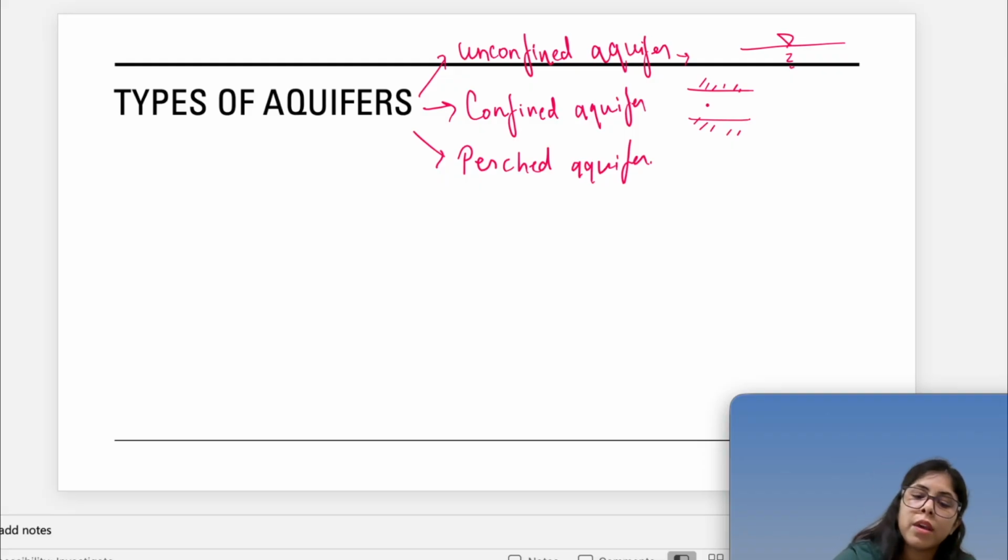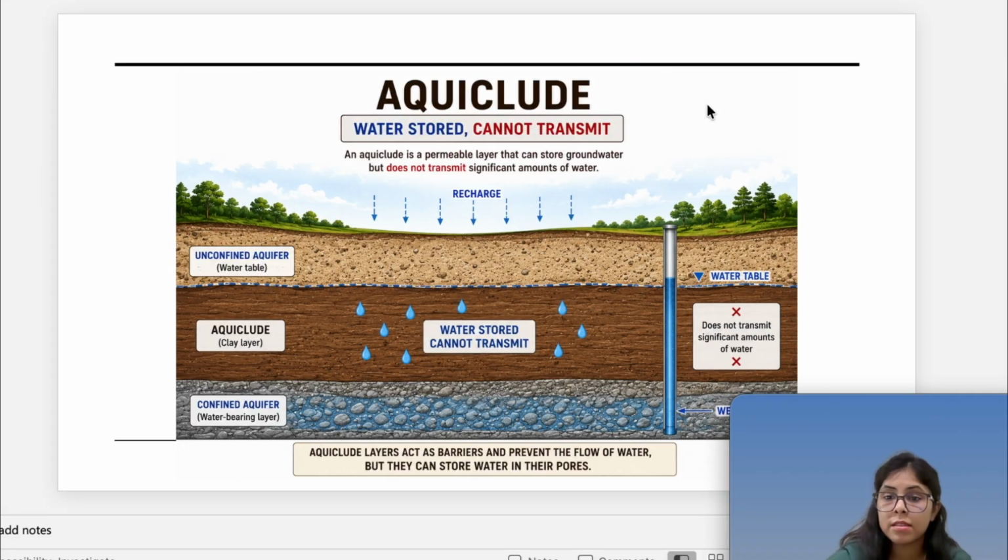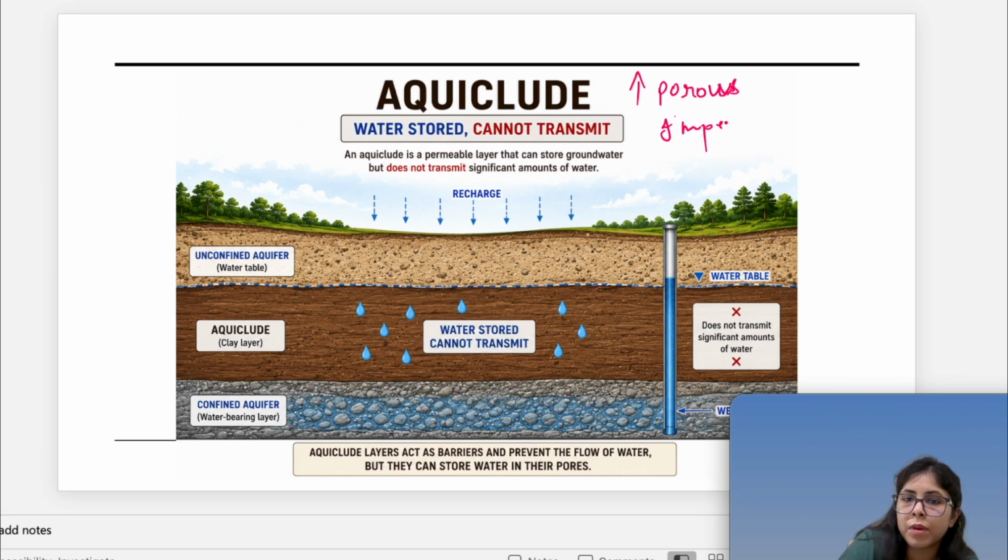Next is aquiclude. Aquicludes are geological formations which are very highly porous, but impermeable.